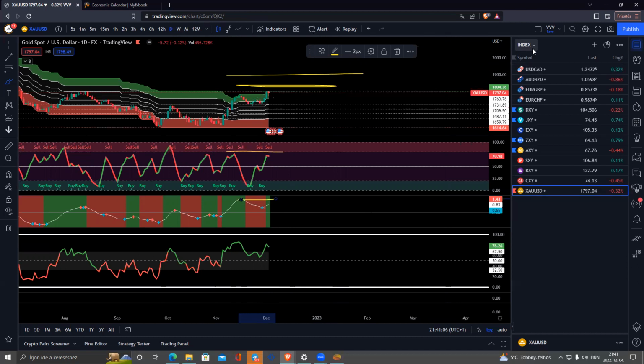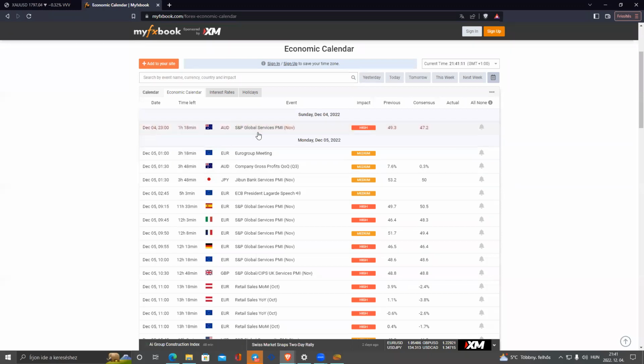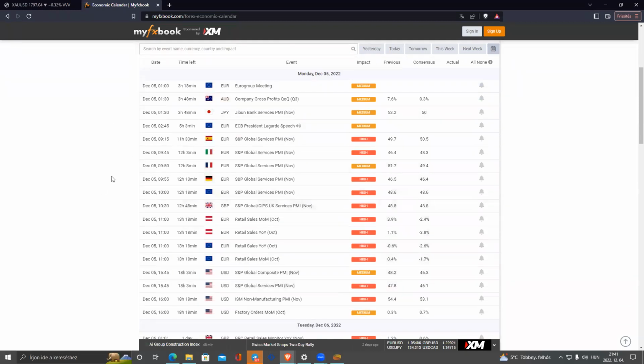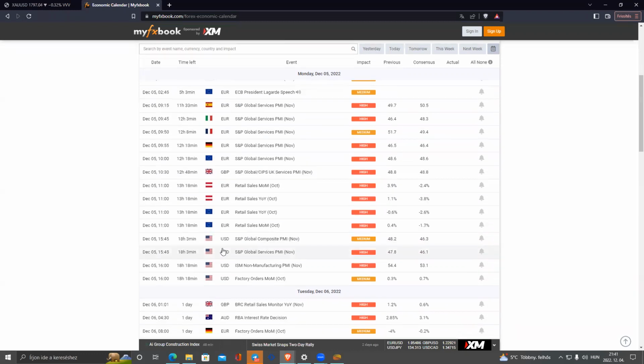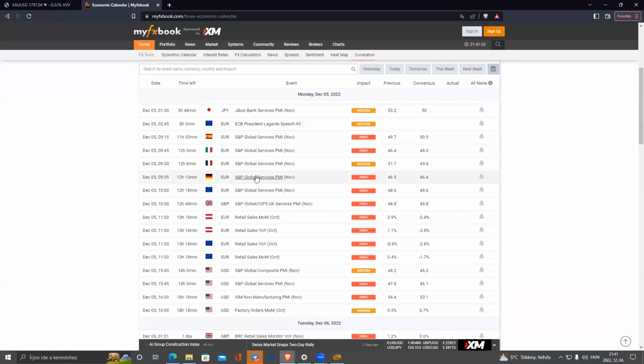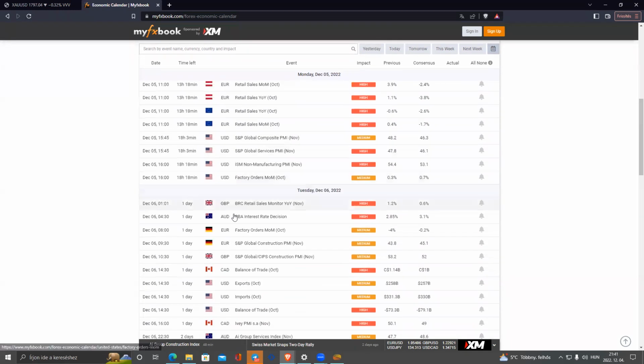I think that's it, guys. Oh, the economic calendar first. The Australian dollar has some news within 1 hour. Retail sales, global services, not much to see. There will be some liquidity in the market, but I don't expect big moves from those news. Oh, the interest rate decision.